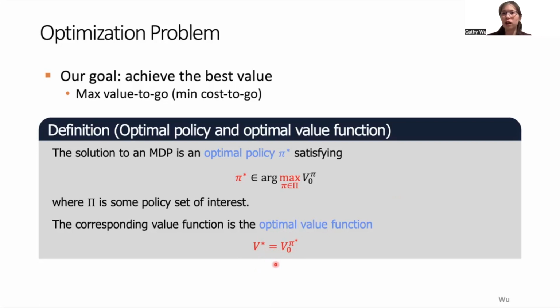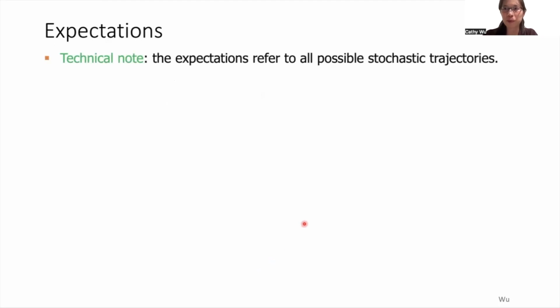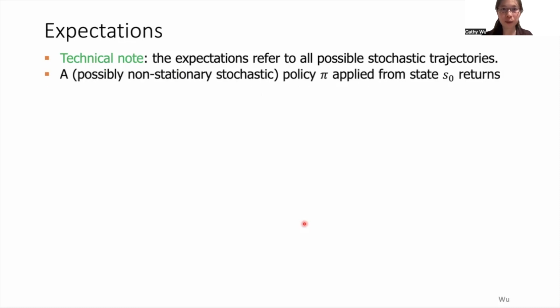One note, which I want to give a bit of detail on, is on the expectations. There's quite a bit of notation when it comes to Markov decision processes, so we try to simplify some of it, and this is one simplification that we make. The expectations, when we talk about the value function, refer to all possible stochasticity in the trajectory. Let me give you an example.